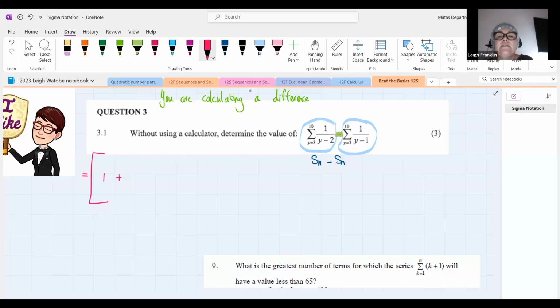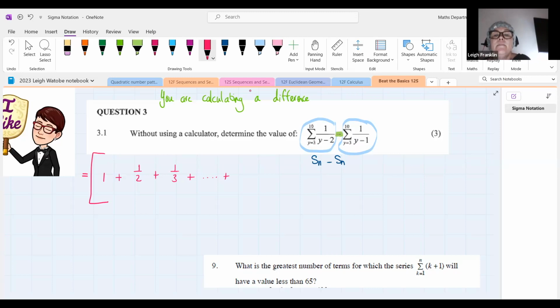Now we want to calculate the second term. So we're going to sub in 4. So 4 minus 2 at the bottom would be 1/2. And then after we've subbed in 4, we would sub in 5. 5 minus 2 would give us 1/3 plus. And then we could go straight to the very last term. That would be when we sub 10 in.